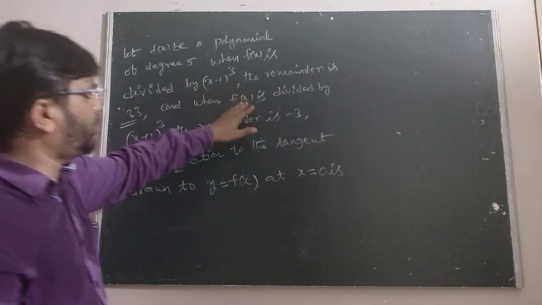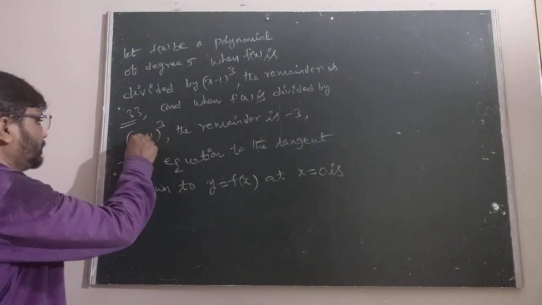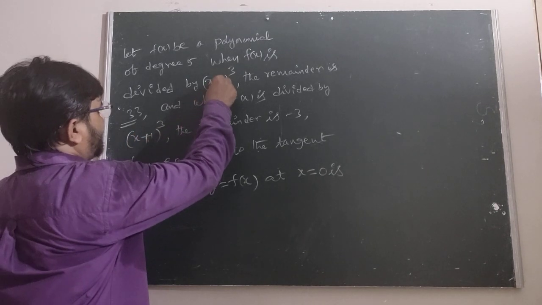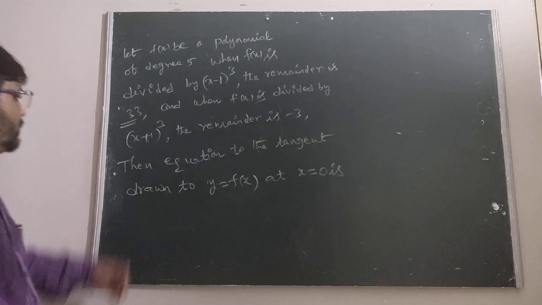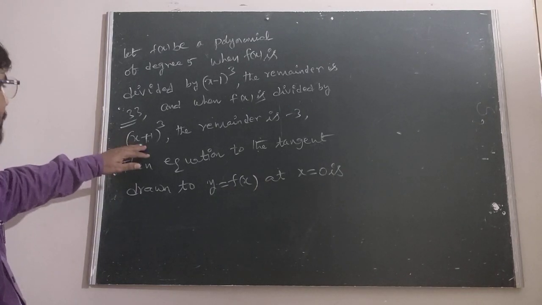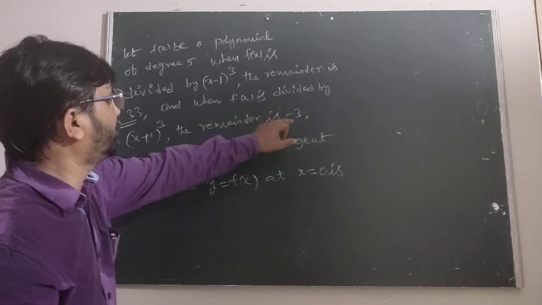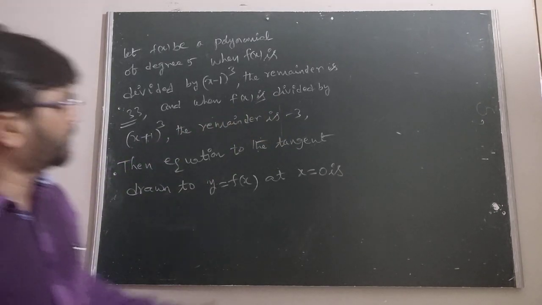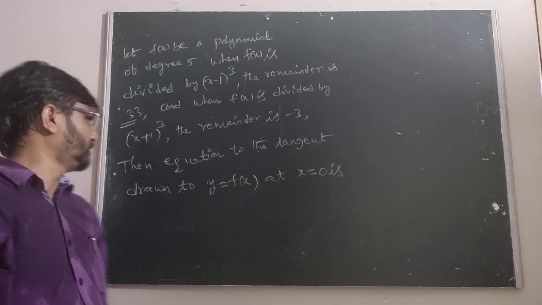And when f of x is divided by (x plus 1) whole cube, the remainder is minus 3.